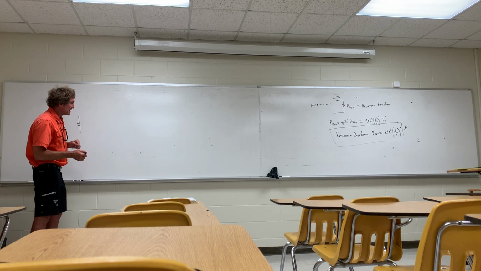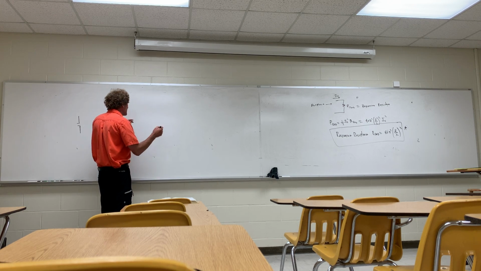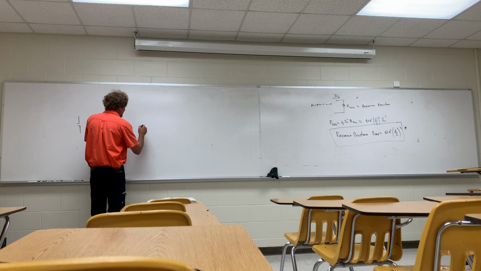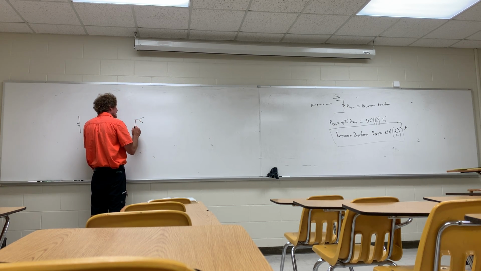Here's what I mean. If I have an antenna, just a short antenna, and an antenna, matter of fact, doesn't matter what it looks like, and it's radiating some total power P rad, okay?